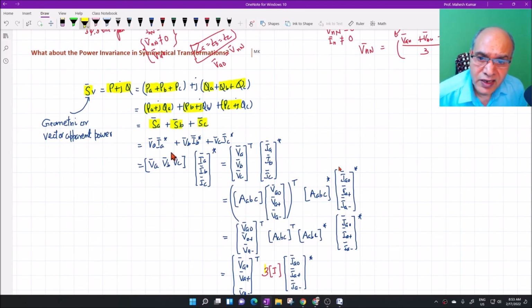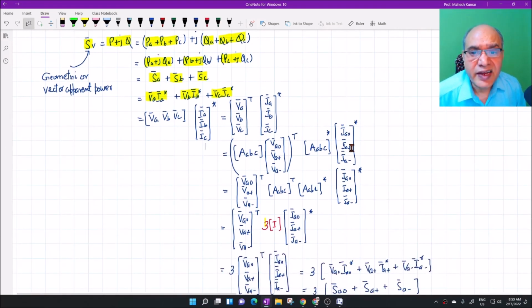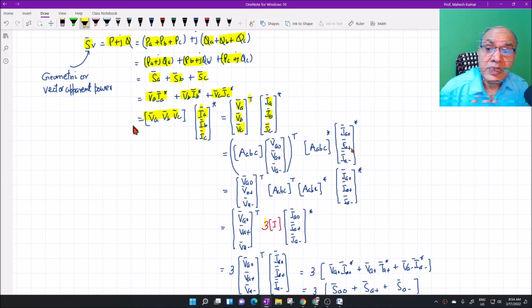We can also write in terms of BA IA conjugate, BB IB conjugate, and BC IC conjugate. And this is again like an inner product of B and I, or BA BB BC transpose times IA IB IC conjugate. The complex apparent power is the inner product of voltage phasors and current phasors conjugate.